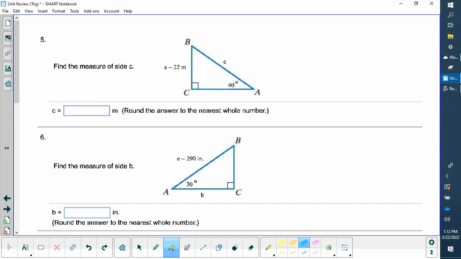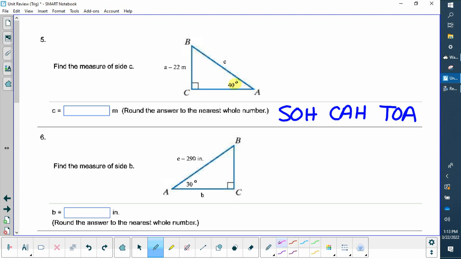Okay, same problem. I'll go ahead and put SOHCAHTOA right here. Here's my reference angle, 40 degrees. I'm going to name some stuff. This over here is opposite. Okay, across from the 90 here is hypotenuse.